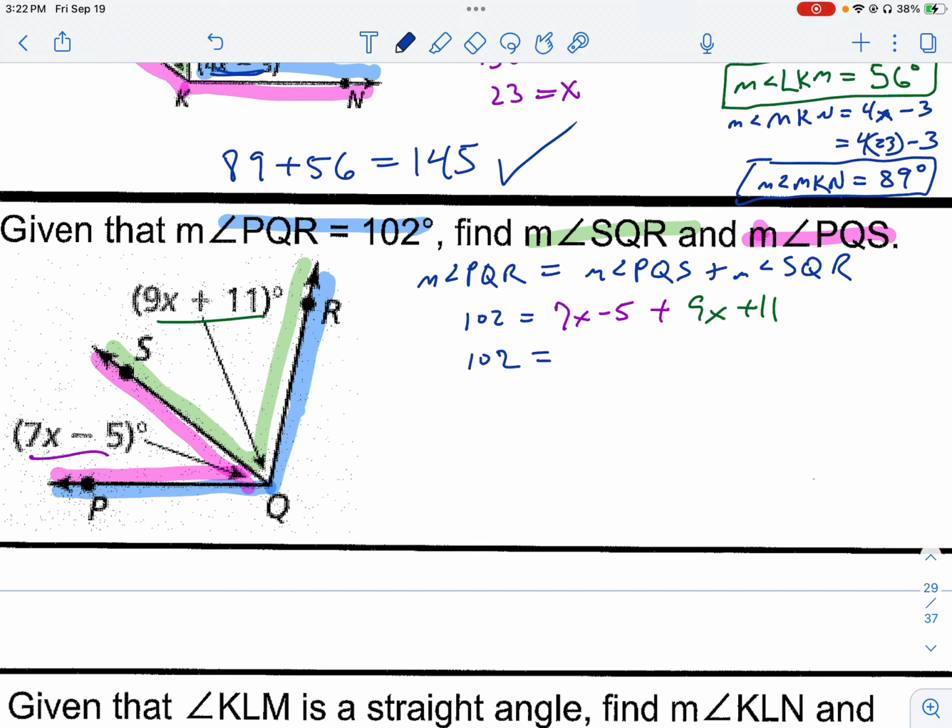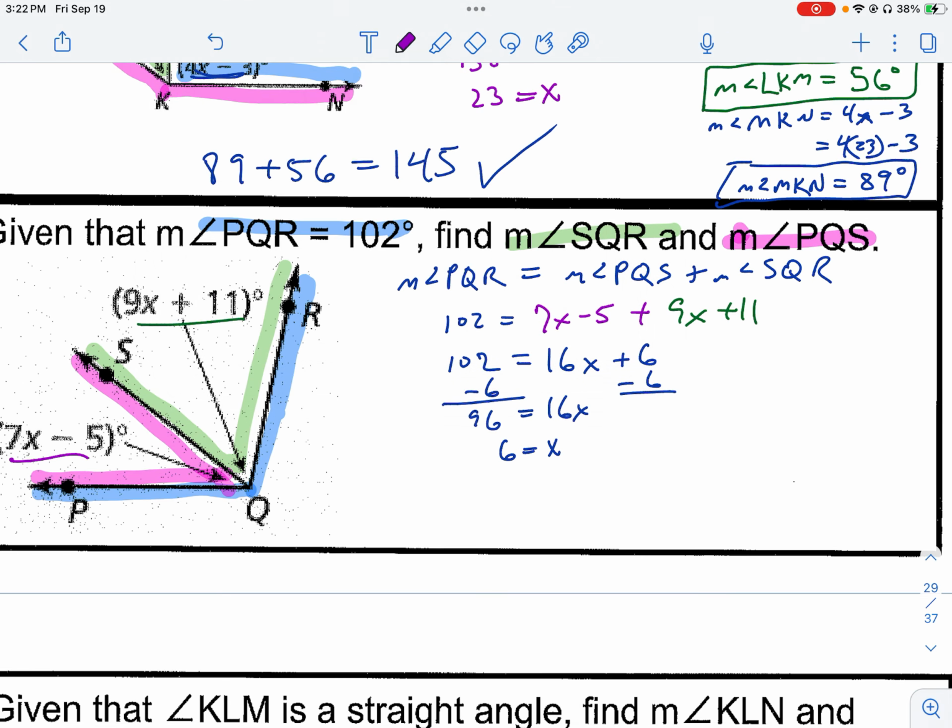So we're going to combine like terms. 7x plus 9x is 16x, and 11 minus 5 is 6. Oh, that's a plus 6, which will make these minuses. Make sure I get my signs right. So 96 equals 16x. Divide both sides by 16 and we get x equals 6.